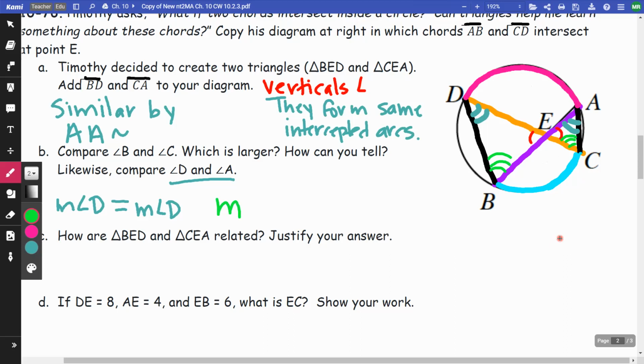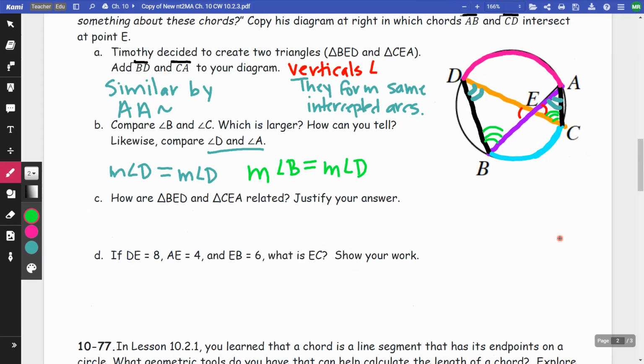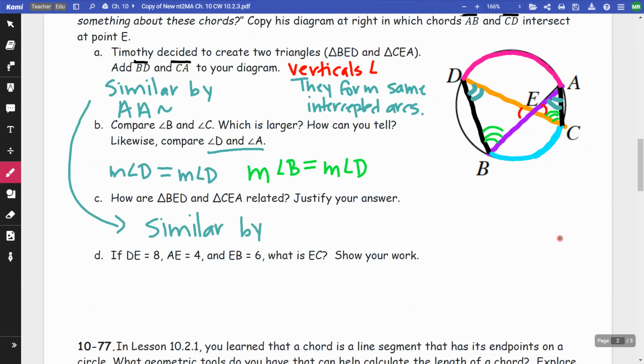So I know the measure of angle B is going to equal the measure of angle D, again, because they form the same intercepted arcs. So how are triangle BED and ACE related? As I set up here, they are similar by angle similarity.